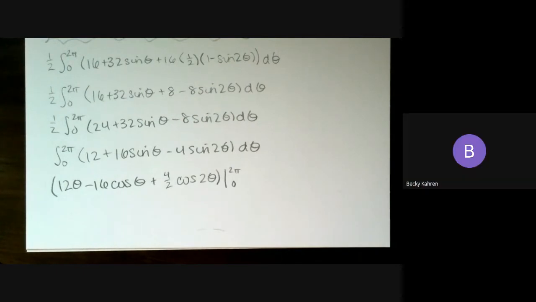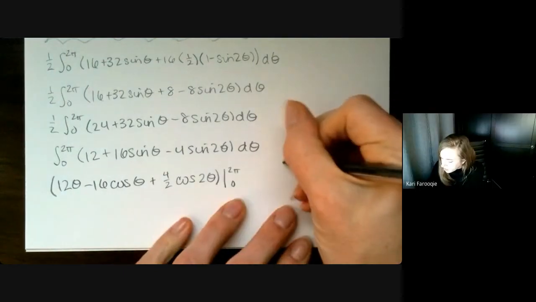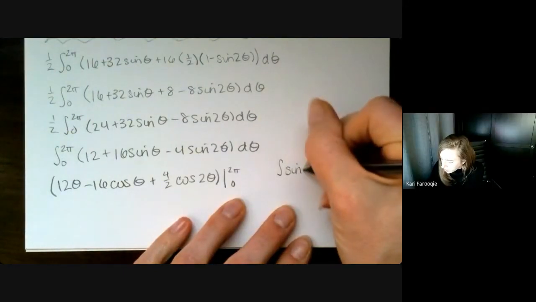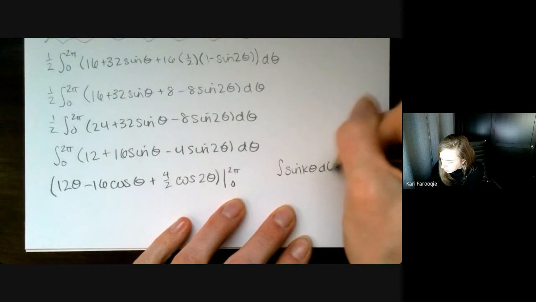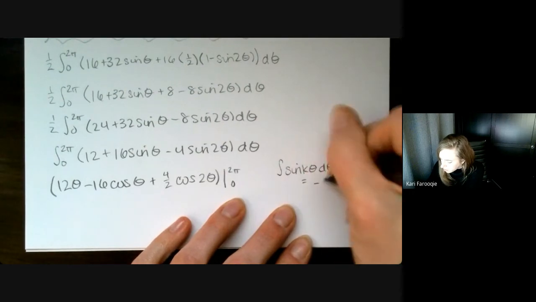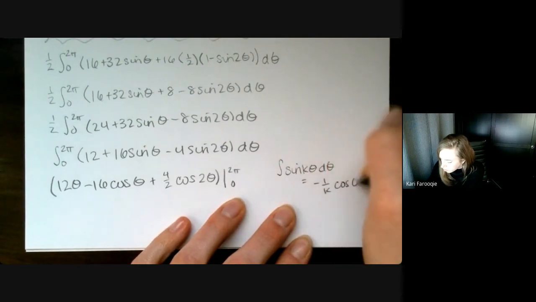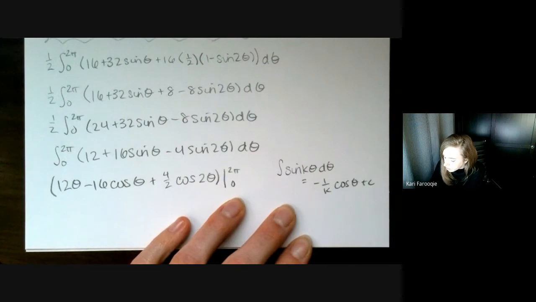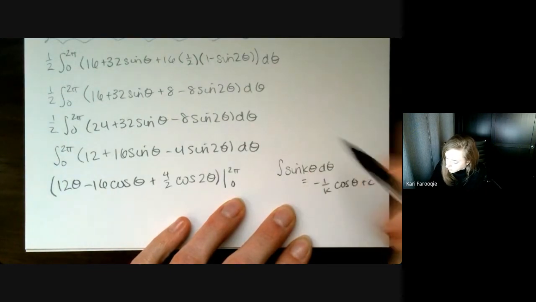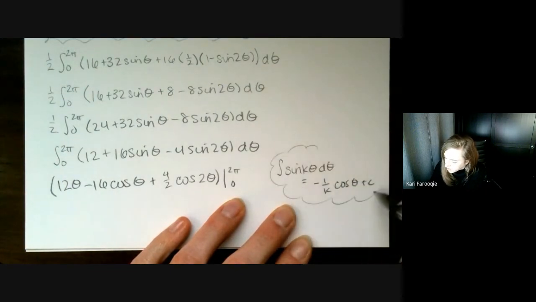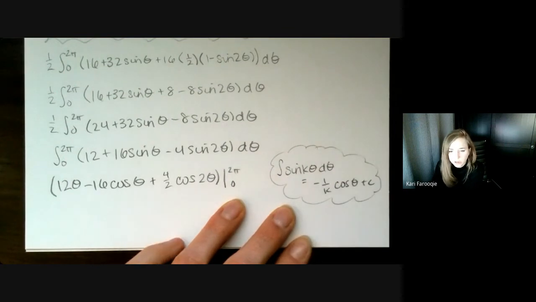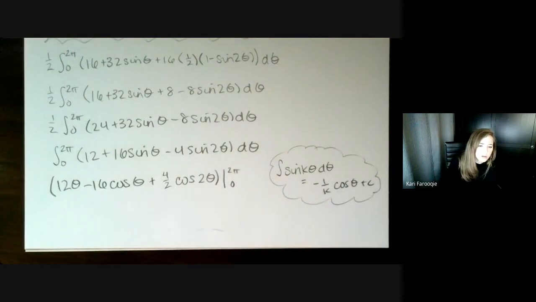You said the sine k theta over k or something? Yeah, the integral of sine k theta d theta is negative 1 over k cosine k theta plus c. We had the same type of thing for the exponential functions, e to the kx.